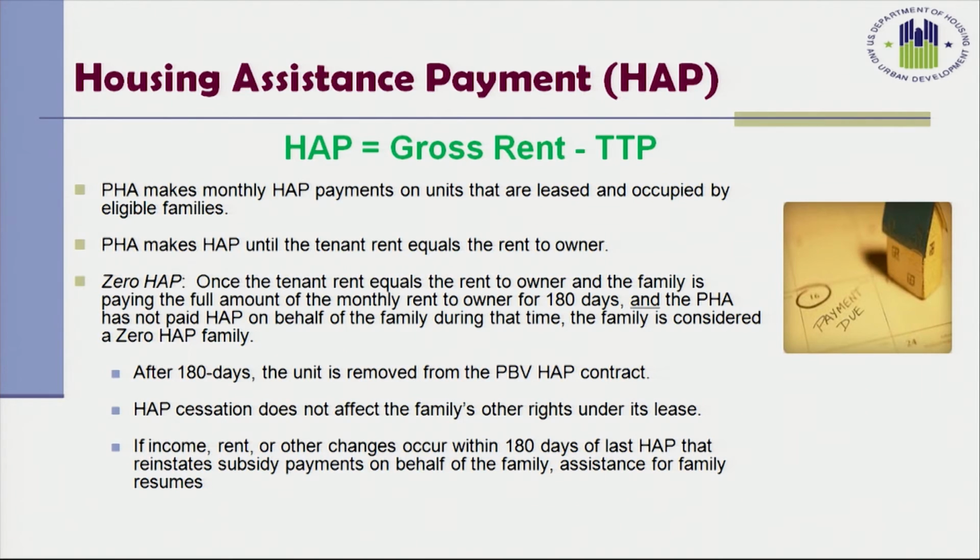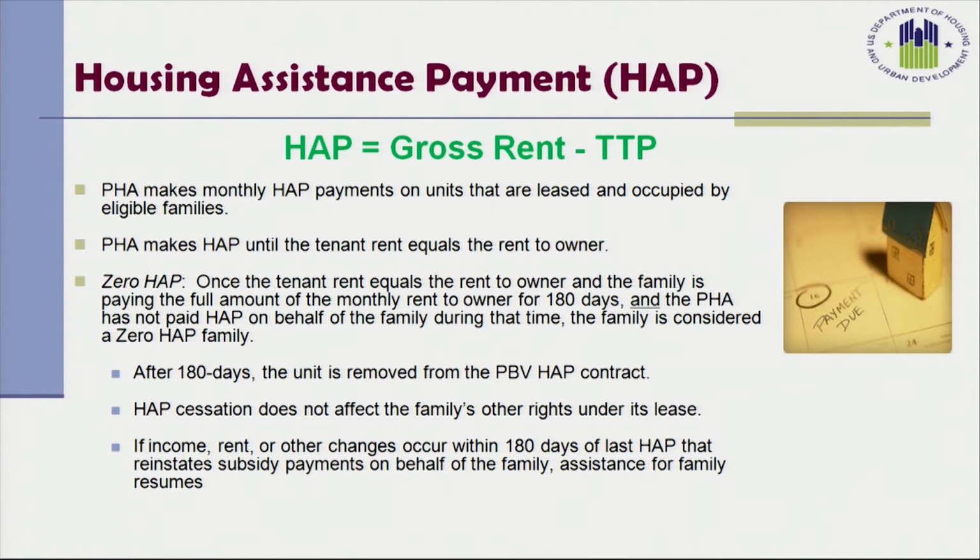You may come across some families that you would consider zero HAP families. This happens once the tenant rent equals the rent to owner and the family is paying the full amount of the monthly rent to owner for 180 days, and the PHA has not paid HAP on behalf of the family during that time. At that point, the family is considered a zero HAP family.